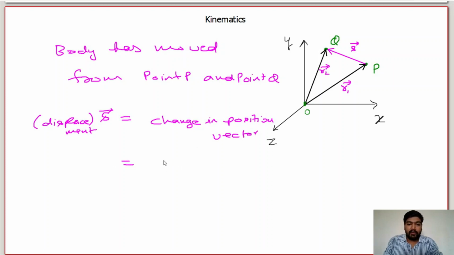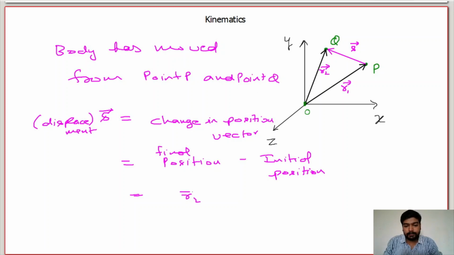That means final position minus initial position. What is the final position? Final position is Q, so the position vector is the R2 vector, minus the initial position. Initial position is P, that means the R1 vector. This is our displacement when the body moves from point P to point Q.